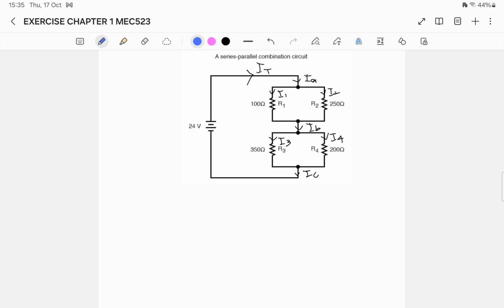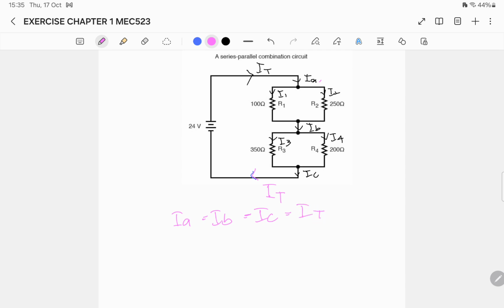Okay. So now saya nak tanya I total kat atas. I bawah ni apa? I total. Okay. I A, I B, I C. Sama tak? Ha? Sama. I A, I B, I C sama. Sama tak dengan I total?